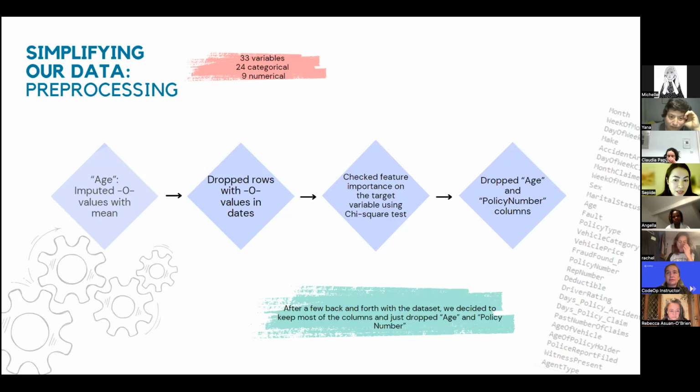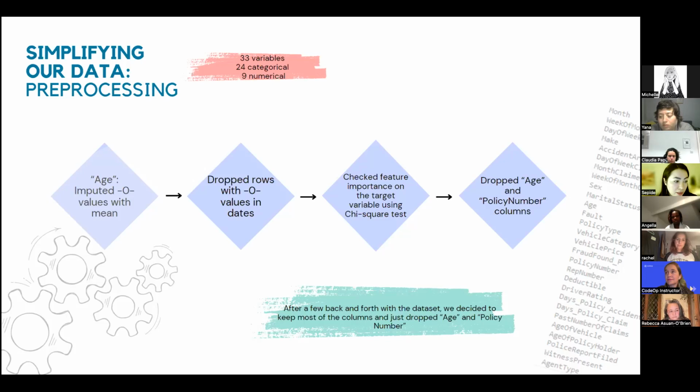However, we removed the age column because another categorical column with age of policyholder already exists in the data set, and we also dropped the policy number column because it's just an ID number and doesn't contribute to our fraud detection model. So with these steps, we ensured that our data was clean, relevant, and ready for the next stage of our machine learning process.